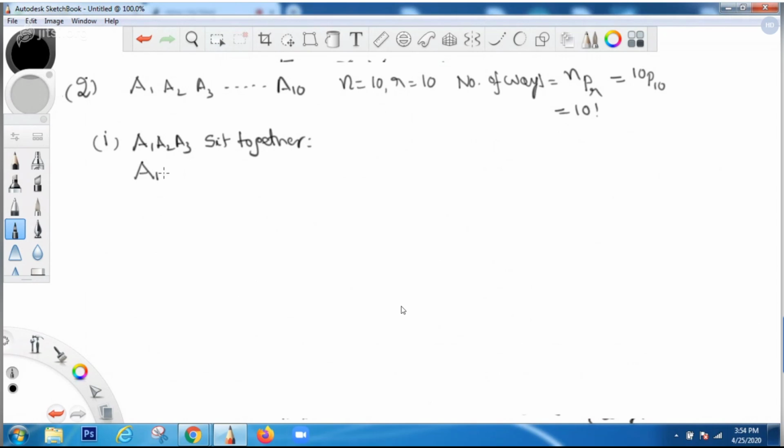I will take A1 here, A2 here, A3 here, A4, A5, A6, A7, A8, A9, A10. These three should always be together.